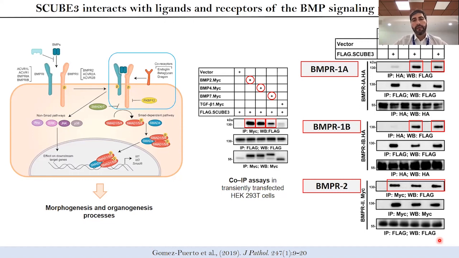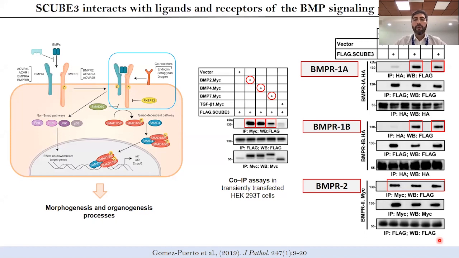So on the right side of the slide is the first experiment we have done. We tried to understand which were the protein interactors of SCUBA3.